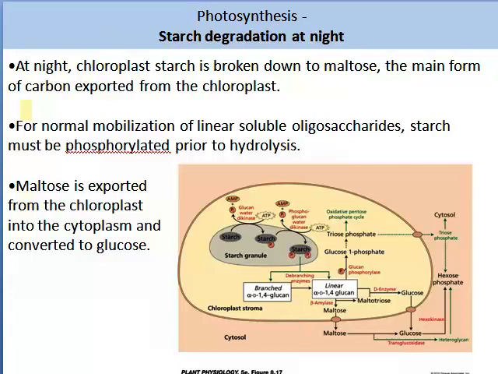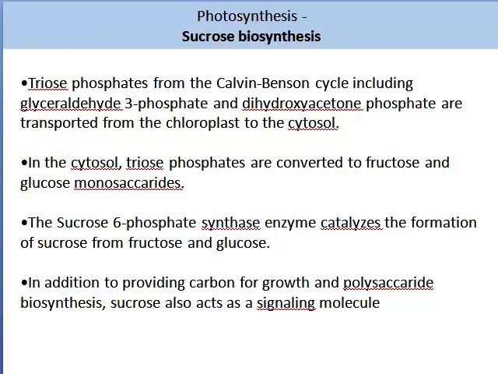Maltose is exported from the chloroplast and into the cytoplasm and converted into glucose. The figure on the slide is from the textbook, figure 8.17, and this illustrates the concepts we've been describing above. Another very important molecule of photosynthetic assimilates is sucrose.